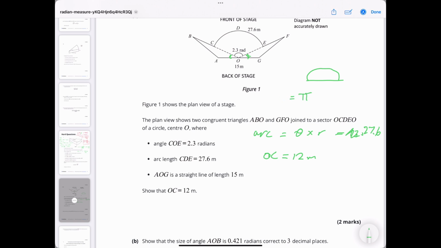So to find out what that is, we're going to go pi minus 2.3, and then divide it by 2, and that should give us that. So it does actually equal 0.420 something, but that's 0.421 to 3 decimal places. Now I'm going to stop for a bit.